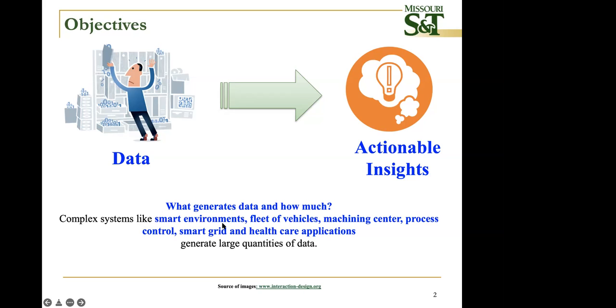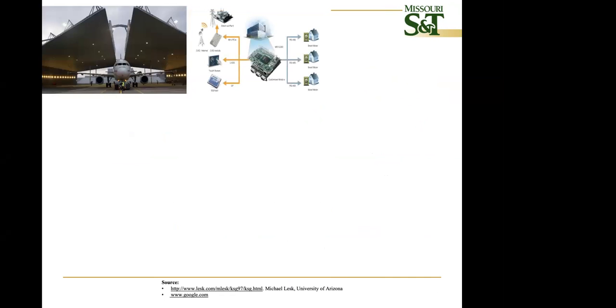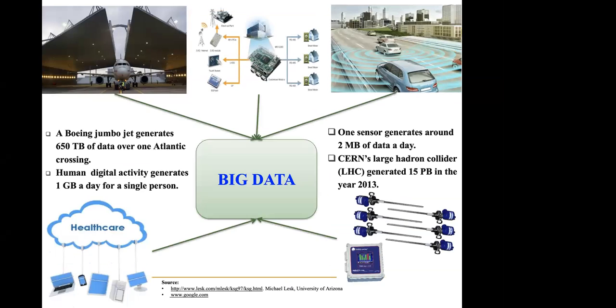So we have smart homes, smart cars, and so forth. Fleets of vehicles, machining centers, process control, smart grid, and smart healthcare. All of them are going to generate large quantities of data. So the question is, how large is this? There are other examples.